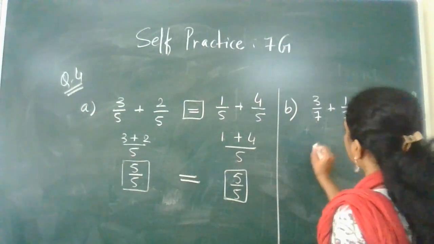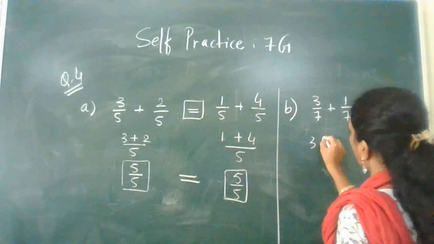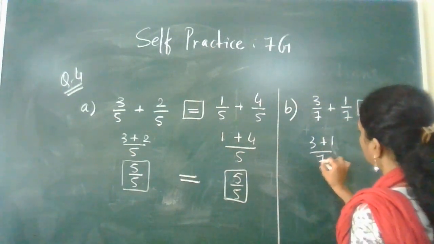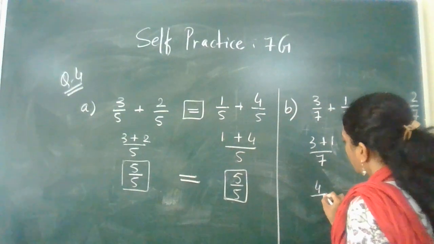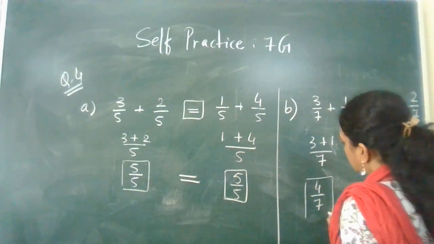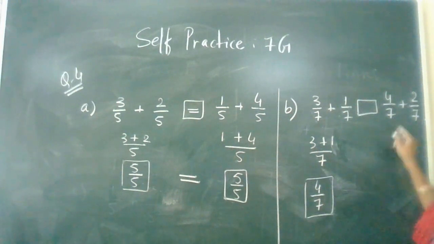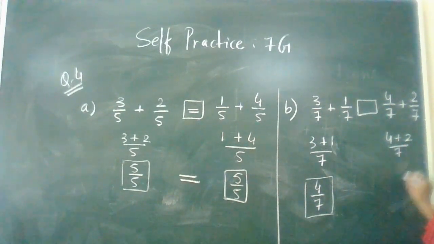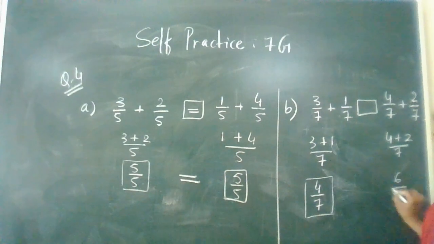So we'll be adding it. 3 plus 1 upon 7, so 3 plus 1, that is 4 upon 7. So this is the answer of this. Here 4 plus 2 upon 7, so 4 plus 2, 6 upon 7.